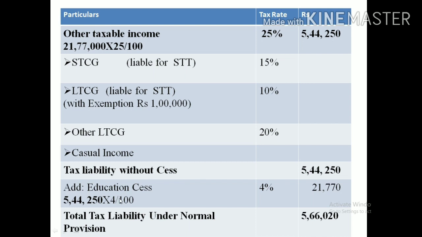For that, add cess at 4%, you will get 21,770. When you add these two, you will get 5,66,020. It is the tax liability under normal provision. Okay. Next, we will calculate tax liability under MAT provision. Now we will explain which are the statutory additions and statutory deletions when you are calculating book profit under MAT provision. You will see the problem.